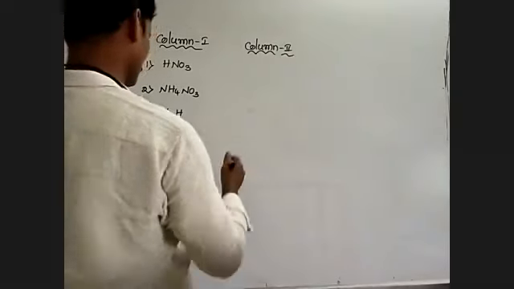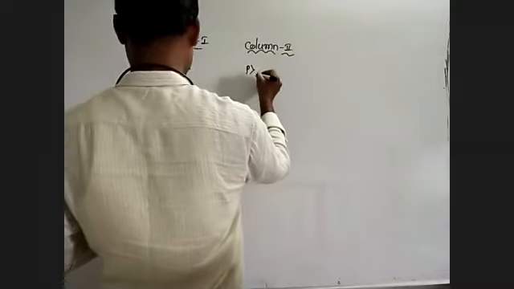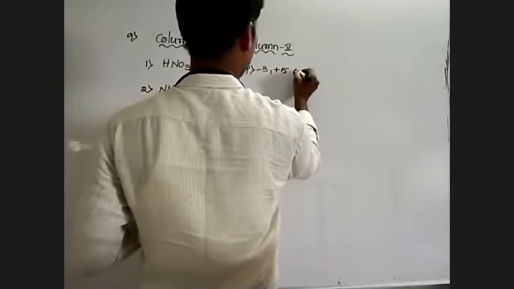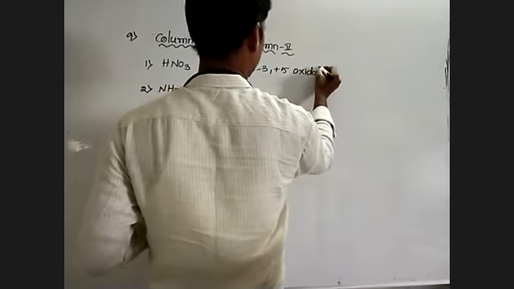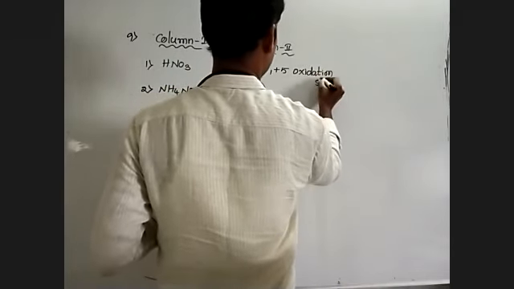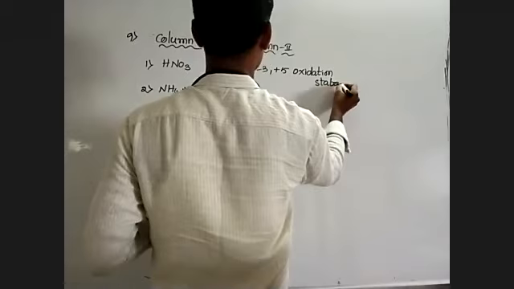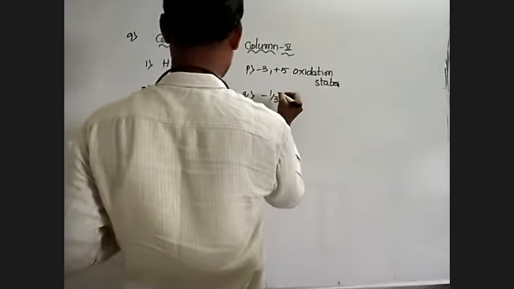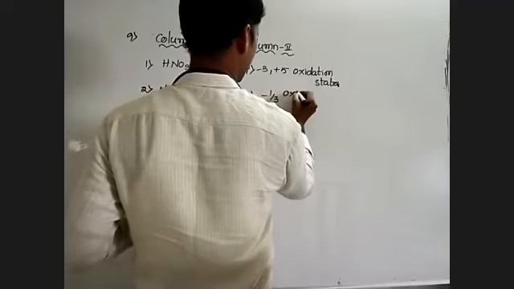In column 2, P is minus 3 plus 5 oxidation state. Next Q, minus 1 by 3 oxidation state.